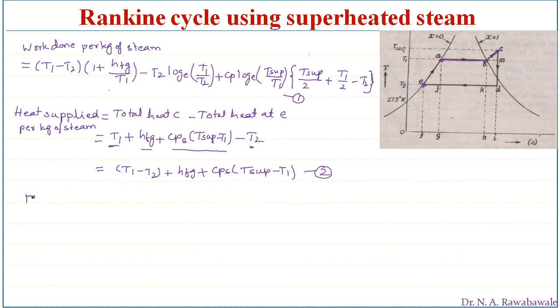So now, efficiency of the Rankine cycle using superheated steam. Equation 1 divided by equation 2, that is work done divided by heat supplied, gives us the efficiency.